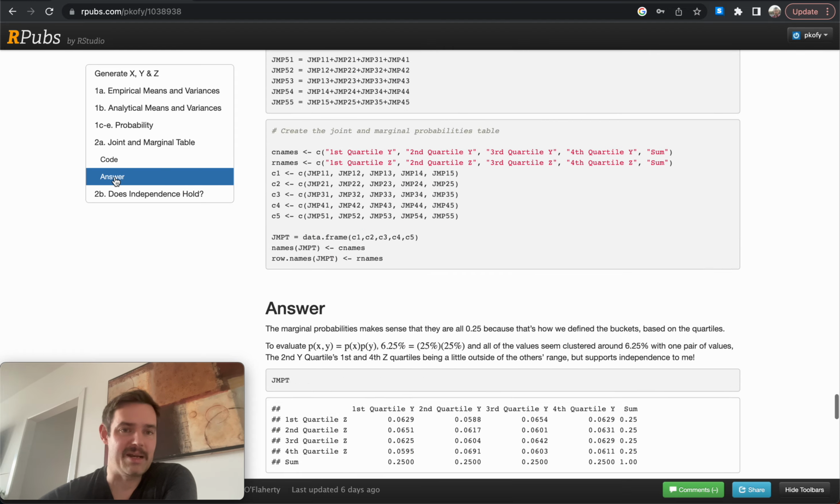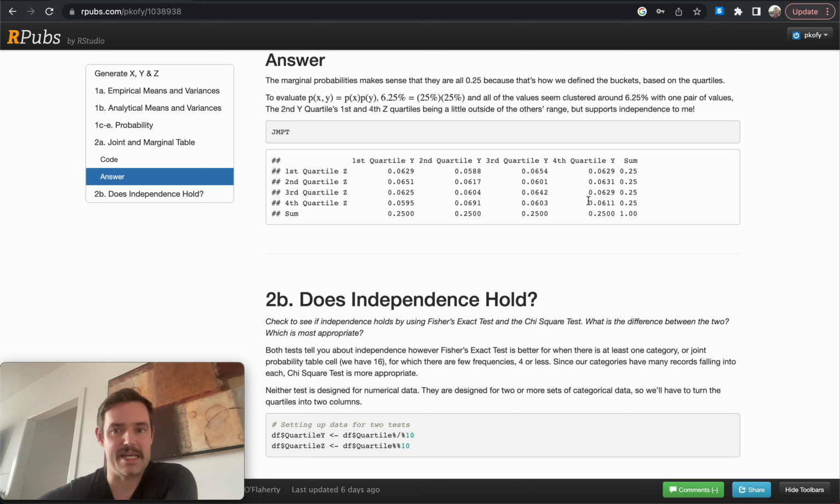Looking at the joint and marginal table, these 16 here are the joint probabilities, the edges, the margins, are the marginal probabilities. And in producing this table, we've just demonstrated independence, because the probability that z is in the first quartile being 25% times the probability that y is in the first quartile, you get 6.25%.